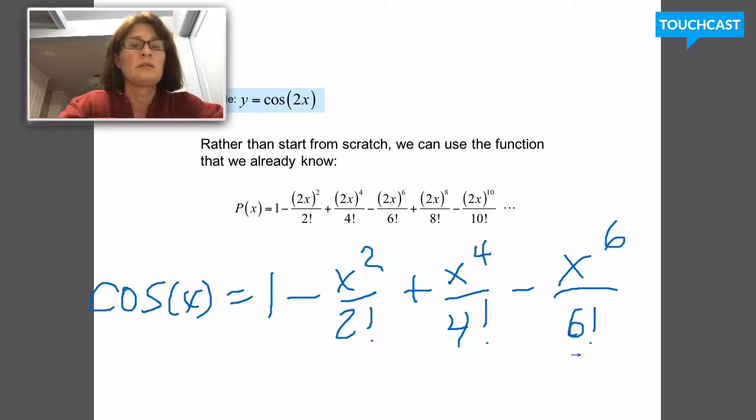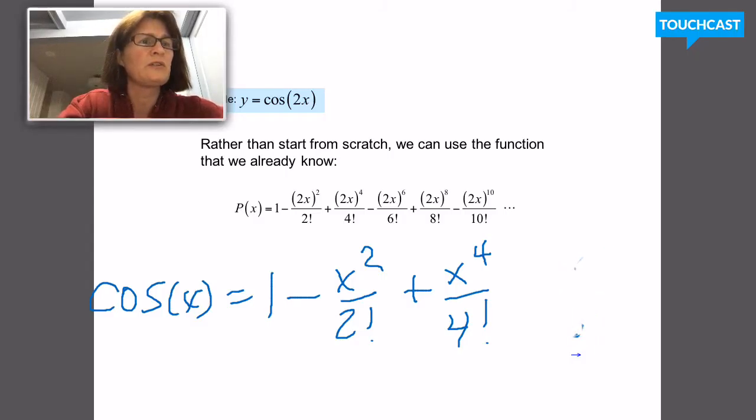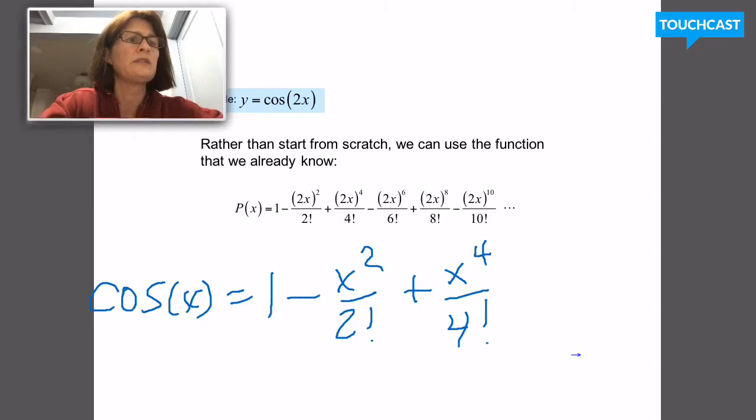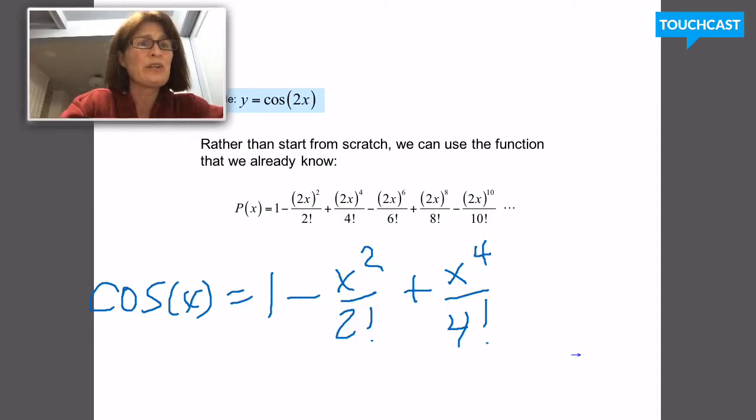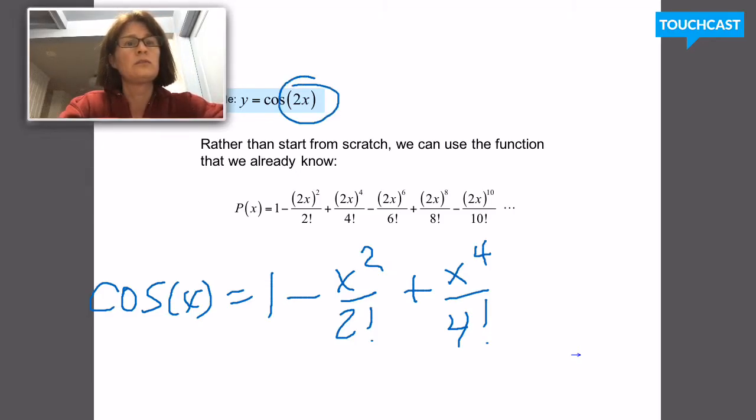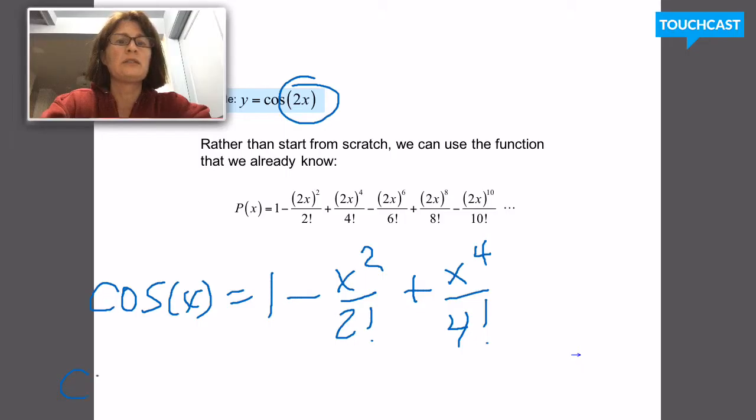So let's see. See, I even went too far. I said 4th order, so I only have to go up to the 4th derivative. And everywhere you see x, we're going to replace it with 2x.